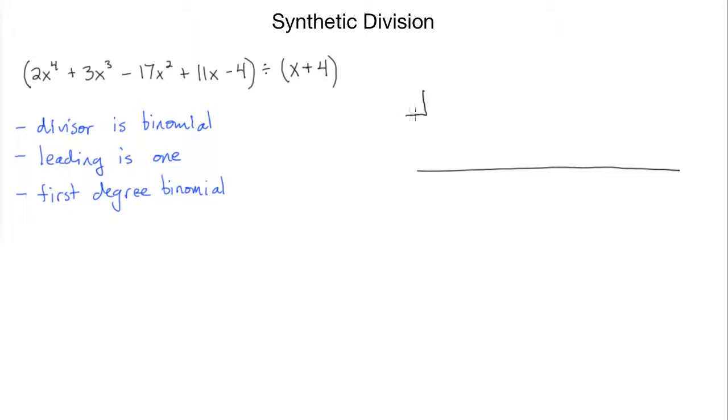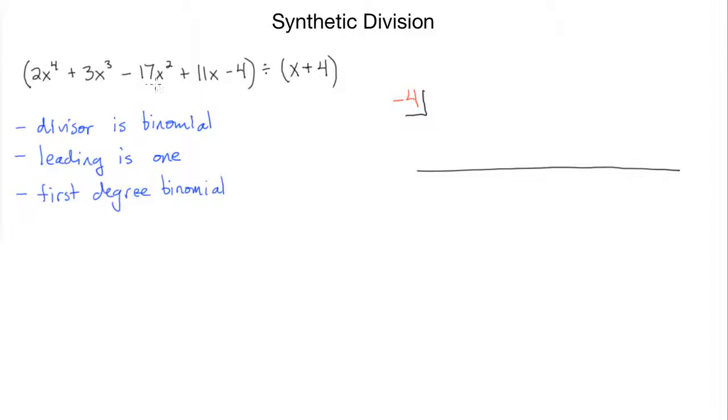This box up here is for the divisor, and if I have x plus 4, I do the opposite of plus 4. I'm going to be working with a minus 4. It comes down to the minus 4 because negative 4 plus 4 is 0, and with a divisor, we're looking to see what zeros happen. But anyways, we put the opposite sign. This is what I'm going to work with in my synthetic division.